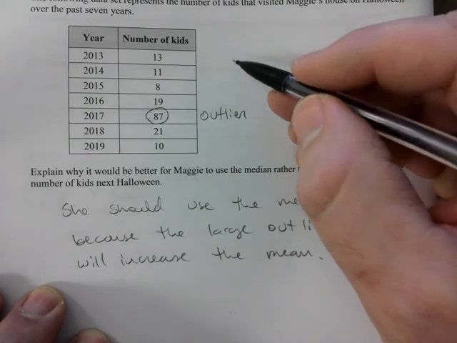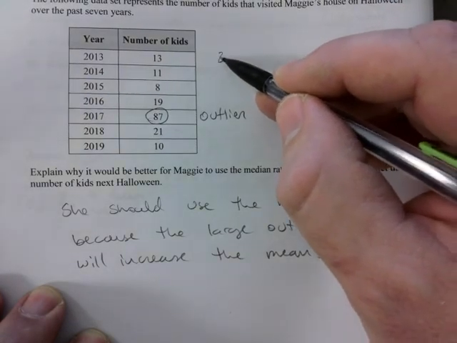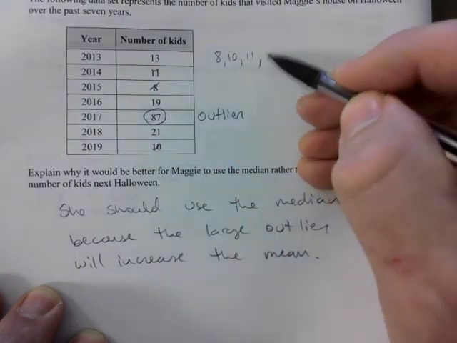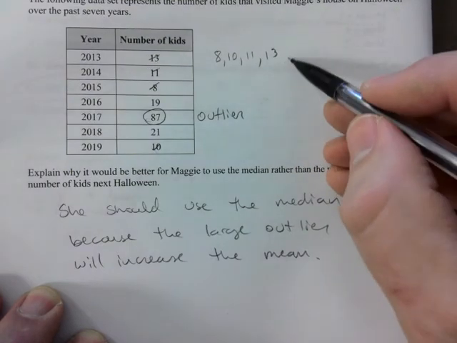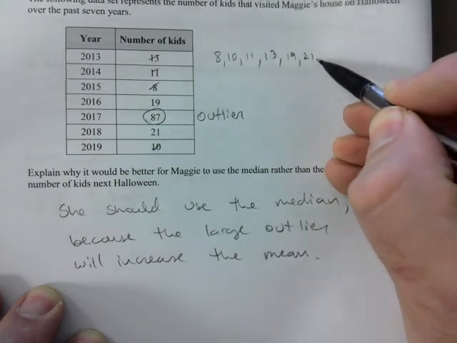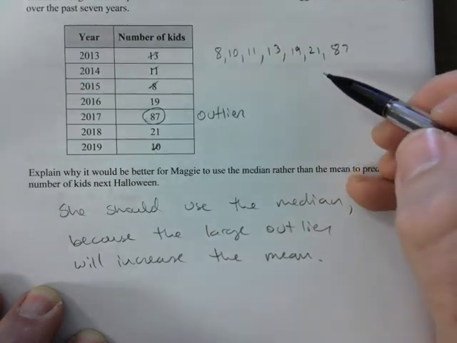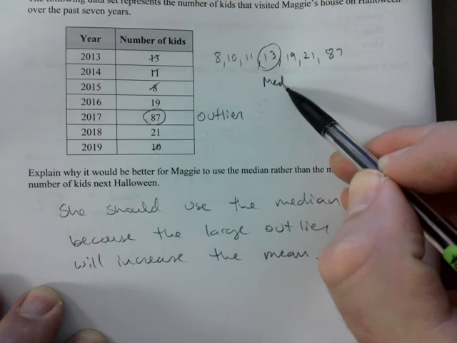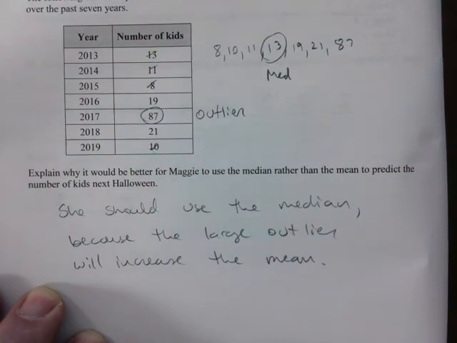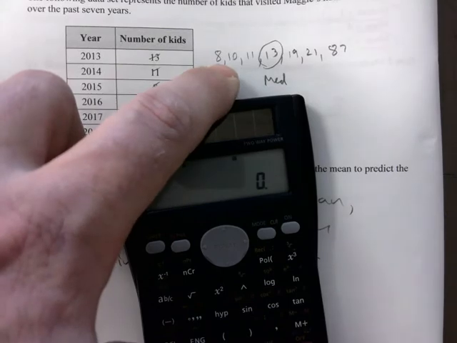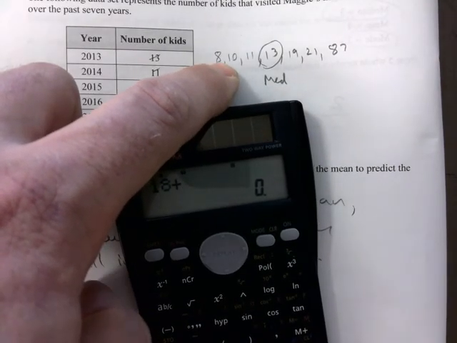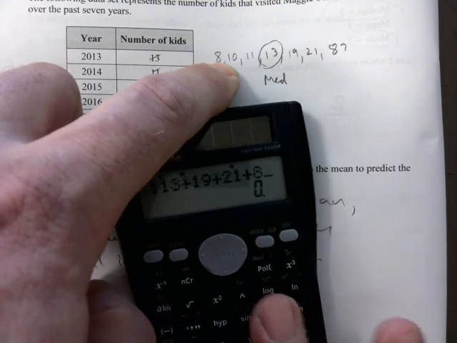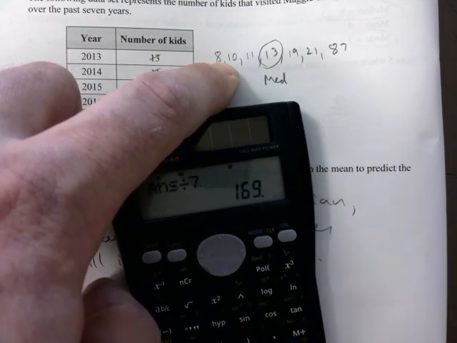If you list 8, 10, 11, 13, 19, 21, 87, in this case this would be your median. If you did the average, that would be 8 plus 10 plus 11 plus 13 plus 19 plus 21 plus 87 divided by 7.